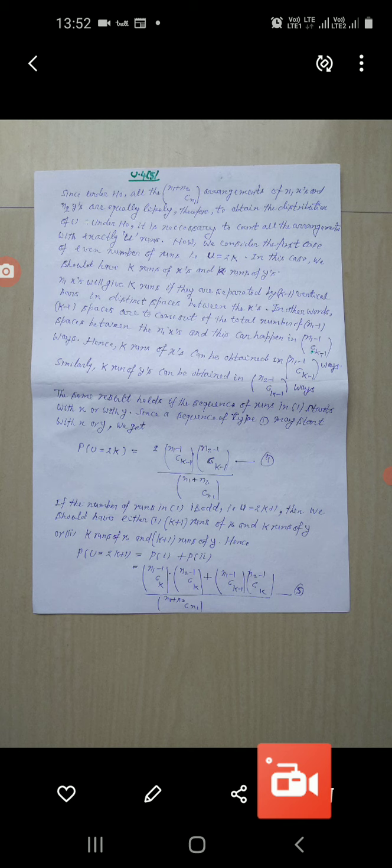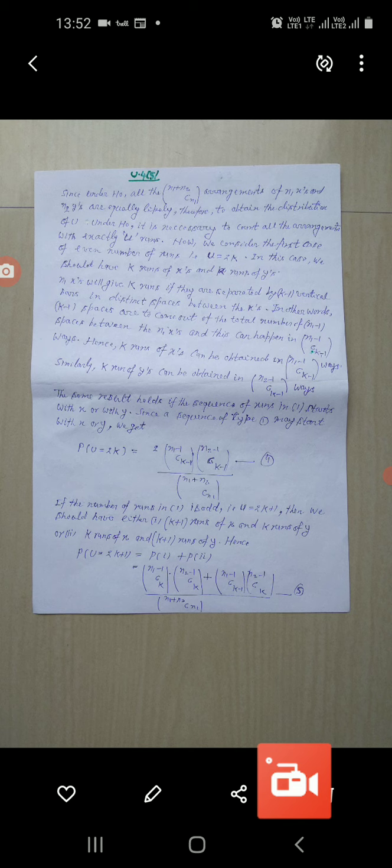In other words, k minus 1 spaces are to come out of the total n1 minus 1 spaces between the n1 x's, and this can happen in (n1 minus 1) C (k minus 1) ways.